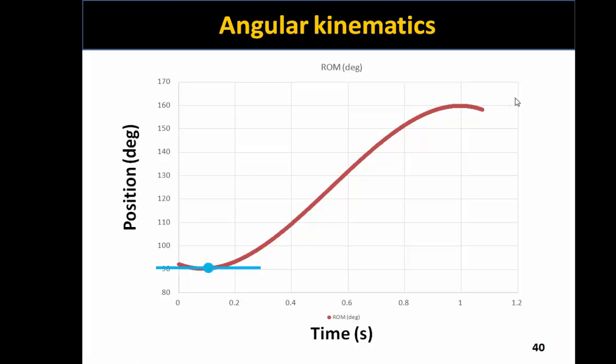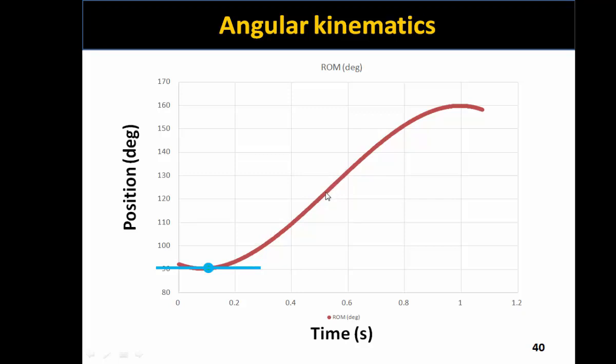To derive the next kinematic variable, velocity, we want to envision individual points and how those points change with respect to time, which is essentially calculating the instantaneous slopes. If you imagine walking up this hill, the most difficult part would be the steepest part.